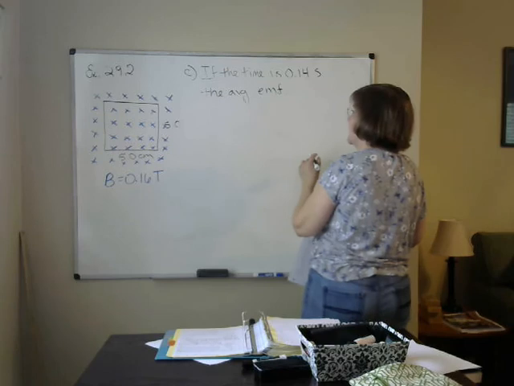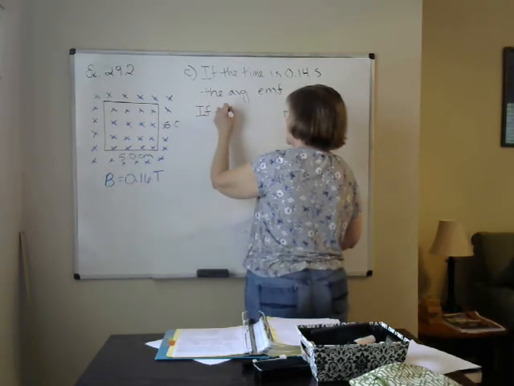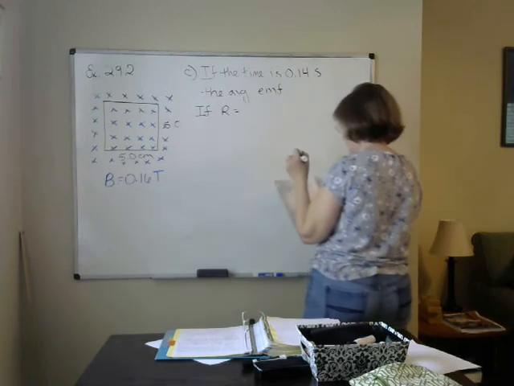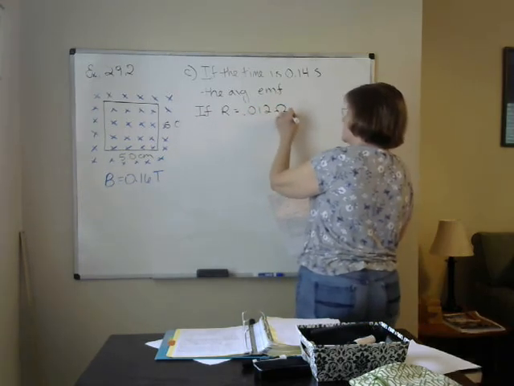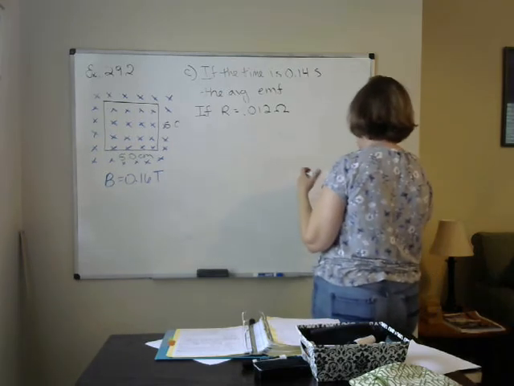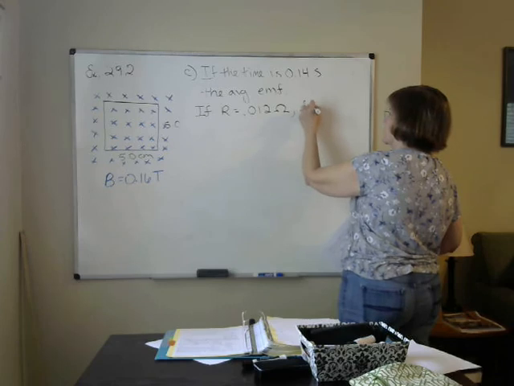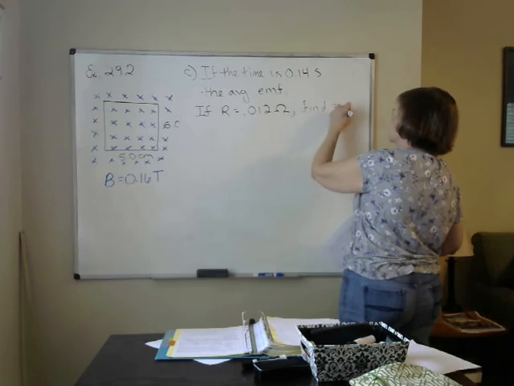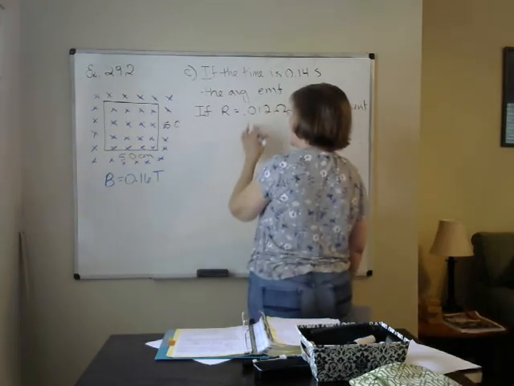Okay. And then, if the resistance in that loop is 0.012 ohms, a loop of wire does not have a lot of resistance, we want to see if we can find the current. We're just looking for an average EMF.